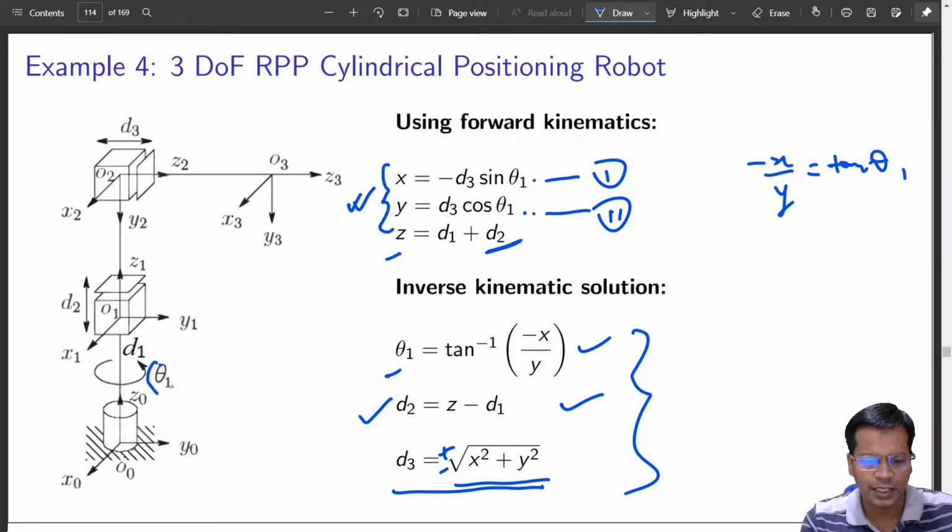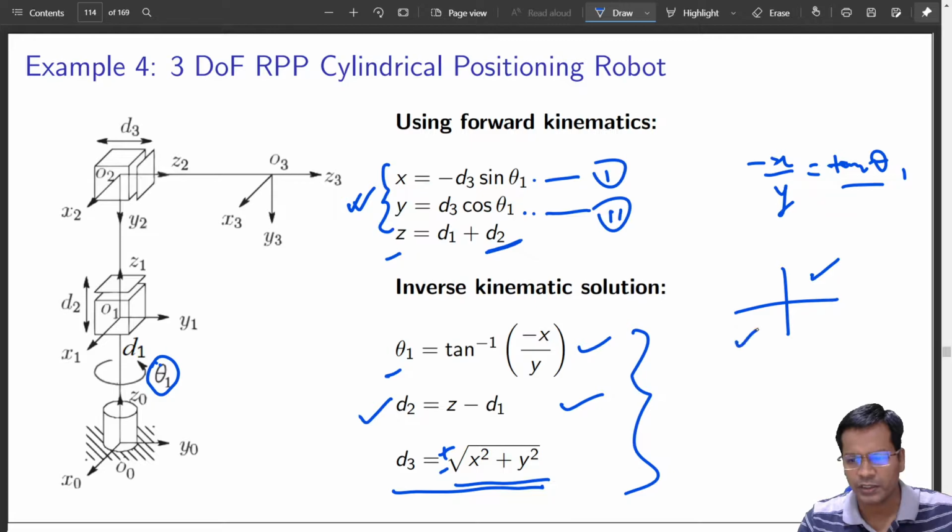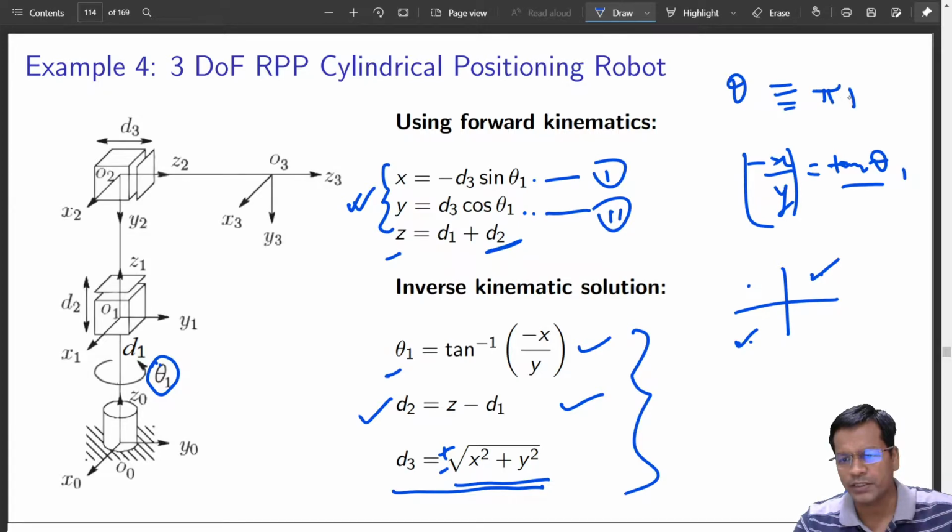Similarly, if it is a tangent solution, theta can be this or this. In both cases, the value remains the same, right? So if it is theta, it can also be pi plus theta, is it not? In both cases, tan theta remains the same. That means it has at least two values.